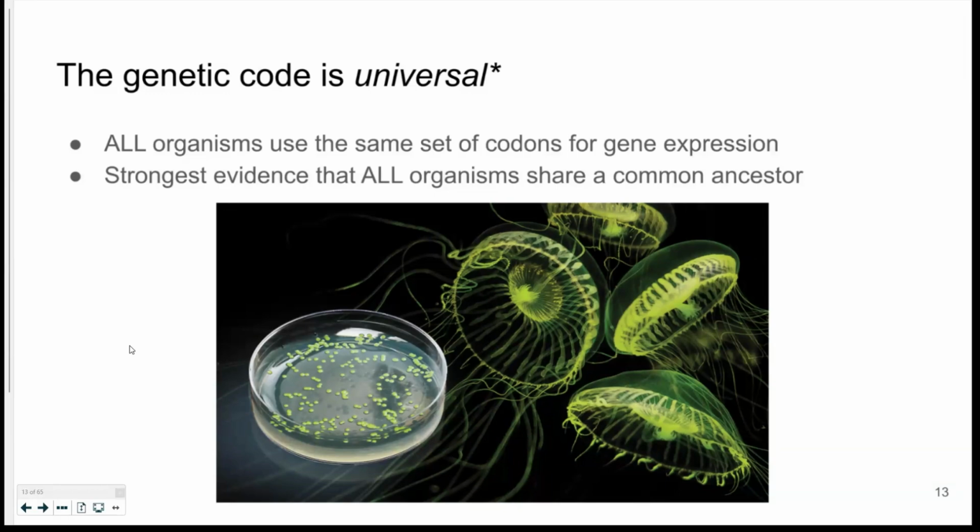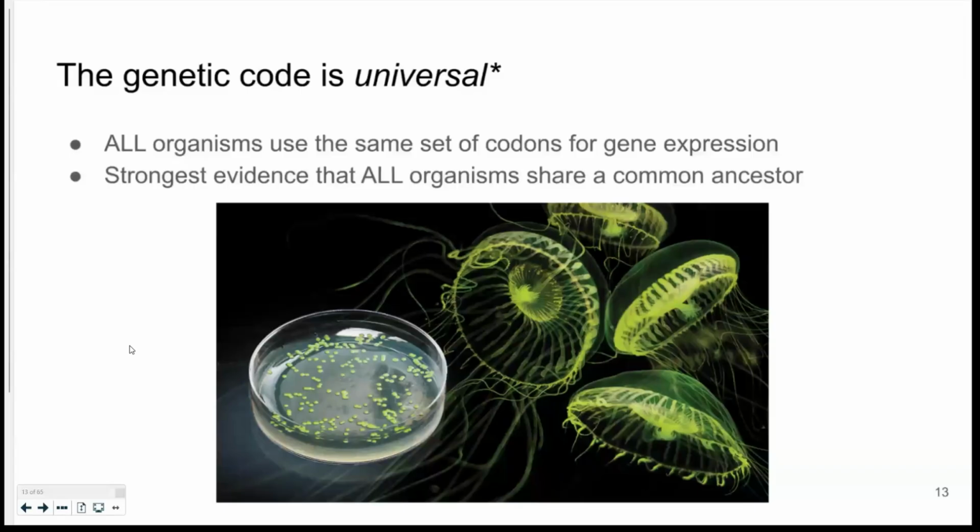The genetic code is universal, which means that all organisms use the same set of codons when they're expressing their genes. So whether you're talking about an E. coli bacterium, a jellyfish, a horse, a ponderosa pine tree, or a human, we're all going to use the same codon chart. We all use the same secret code.